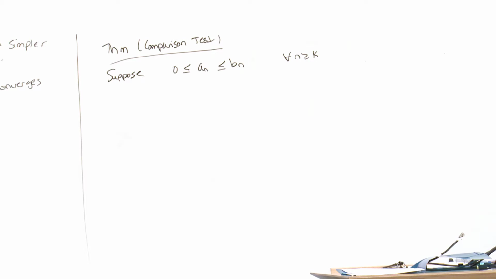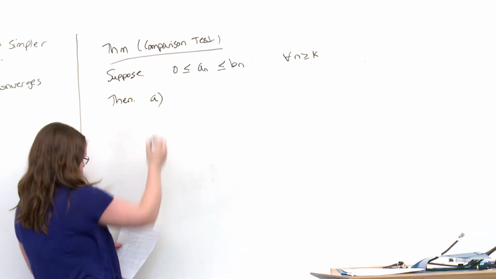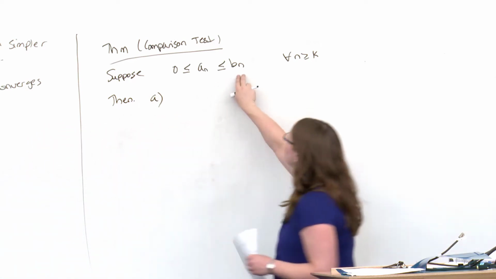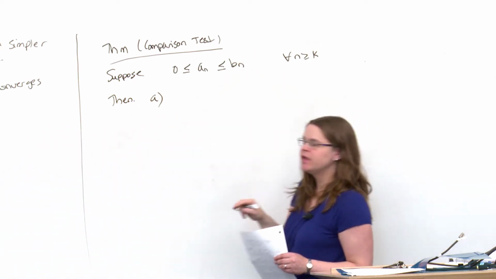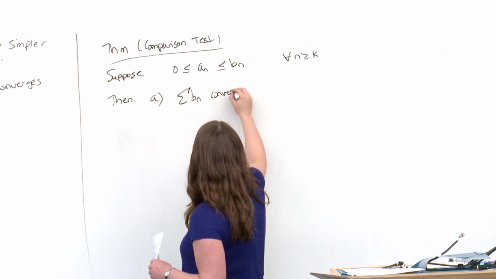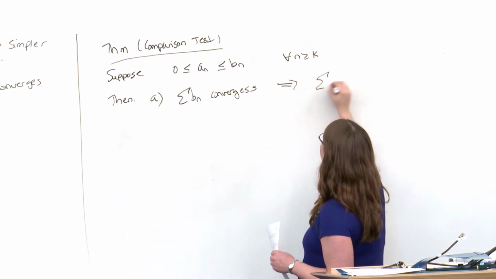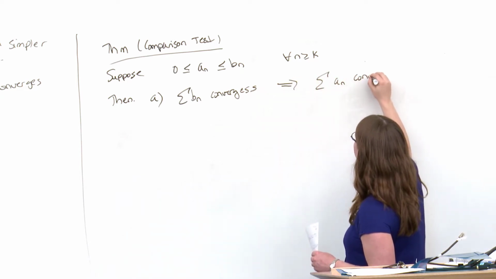Okay, so then what does our comparison test say? It says the same thing that it did for the integral test, right? If we add up these bigger terms and they converge, so the sum of b_n converges, then automatically the sum of a_n converges.